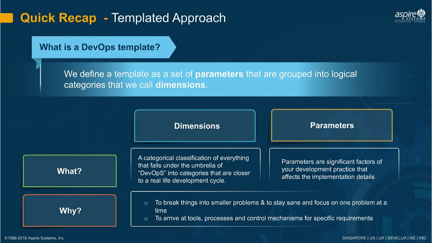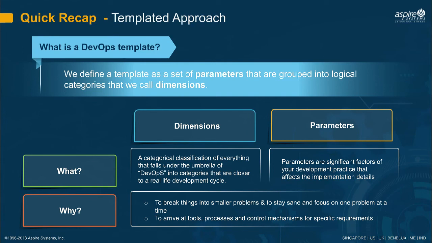So going over what a templated approach is, if you've seen our previous sessions, we are going over an exercise where we are trying to categorize the entire spectrum of DevOps into 4 different dimensions, with each dimension affected by certain parameters.